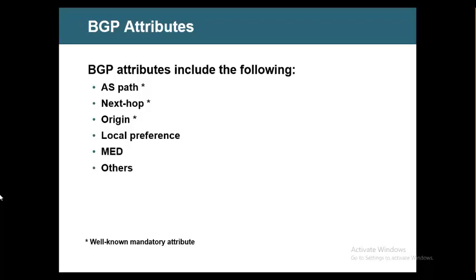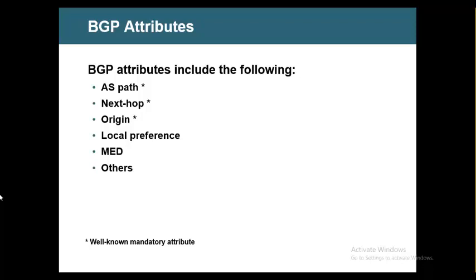When the next autonomous system receives the route update, it will also see the autonomous system from where it comes. That's why BGP is called a path vector routing protocol. It shows the autonomous system path through which the advertisement is carried.